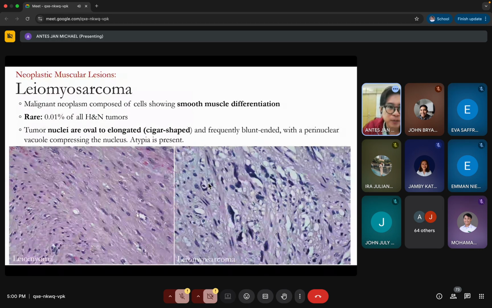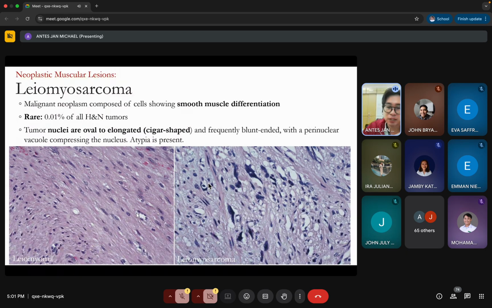The nuclei are oval to elongated in shape. They really don't have a fixed shape. It could go from round, elongated, sharp, or something else. And they are frequently blunt-ended with perinuclear vacuoles compressing the nucleus.